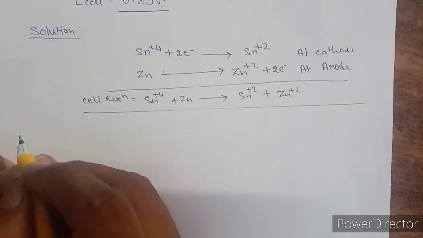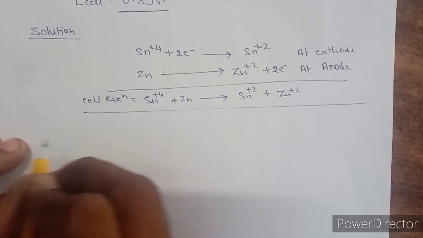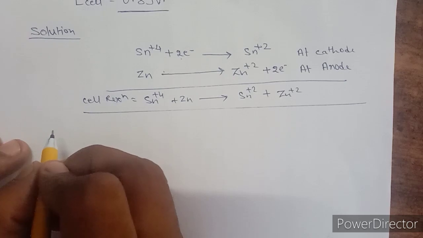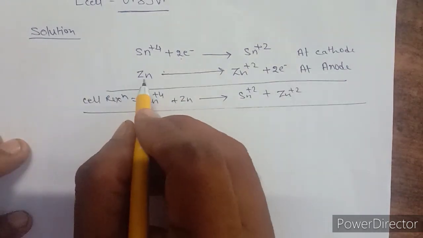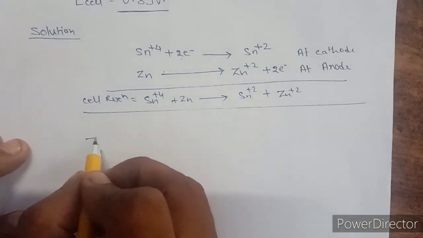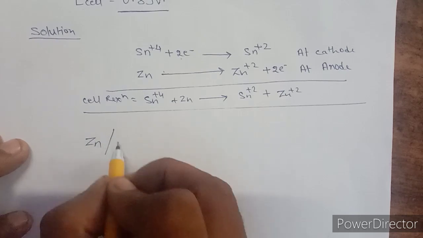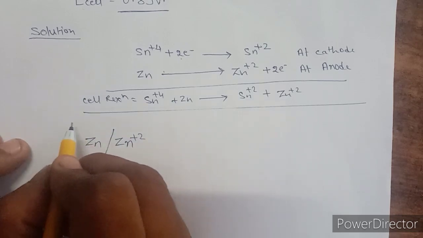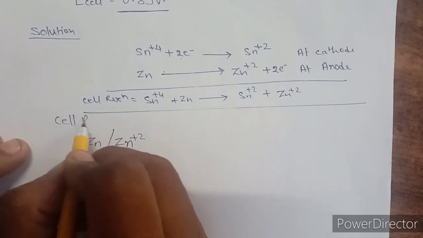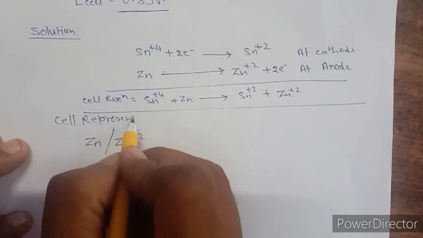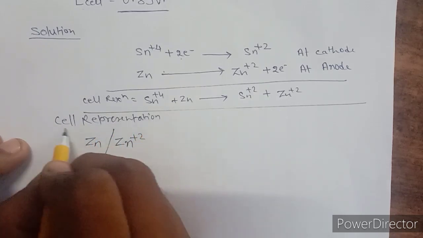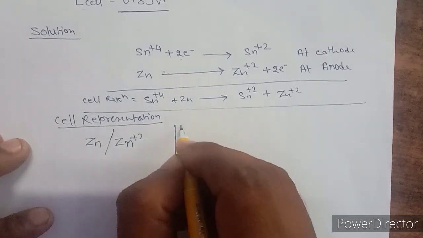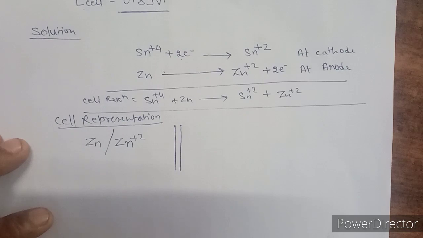Now we are going to represent the cell. How are we going to represent it in the cell? This is the oxidation, that's why you write here Zn oblique Zn+2. This is the cell representation, and this is the salt bridge, the symbol of the salt bridge.